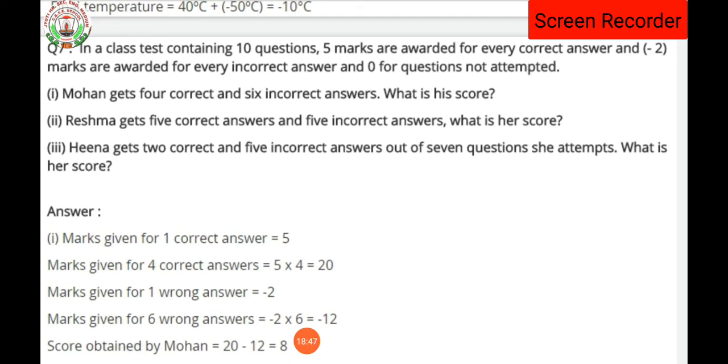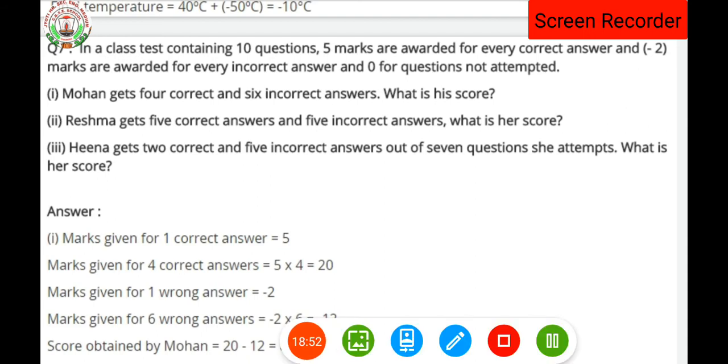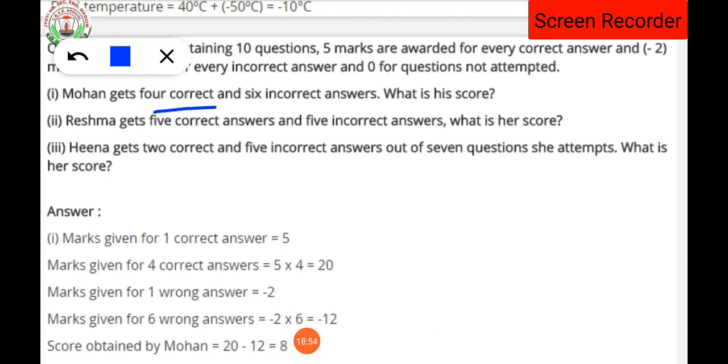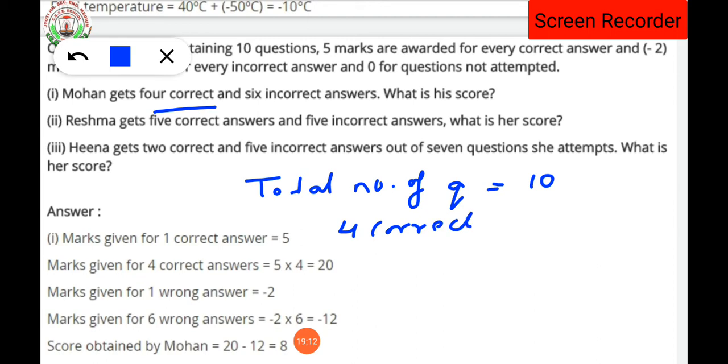Then here the first part of the question says Mohan gets 4 correct answers. Total number of questions is 10. Now Mohan gets 4 correct answers, and for every correct answer he will be awarded 5 marks, so 4 into 5 will be 20 marks.